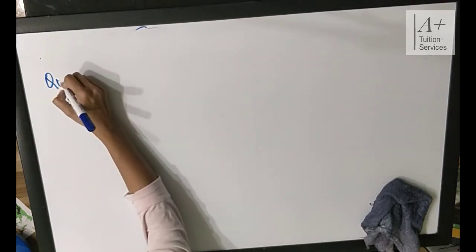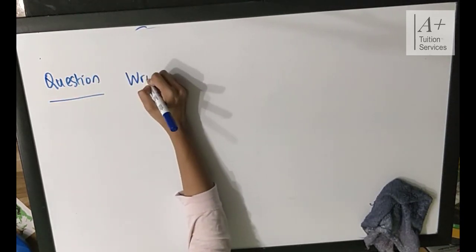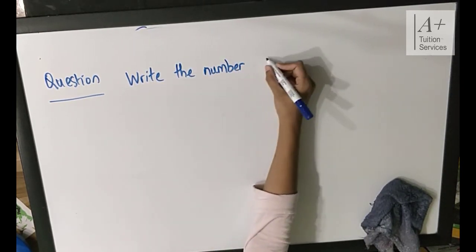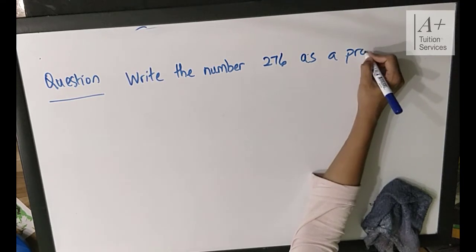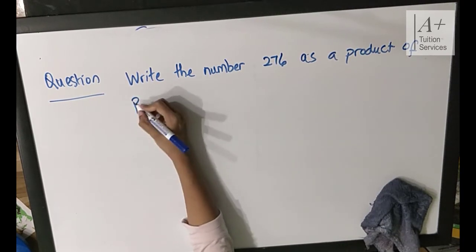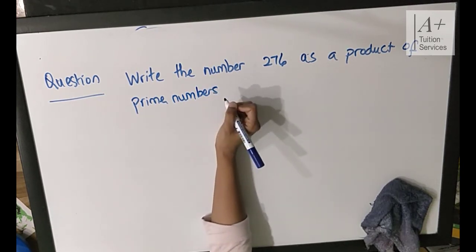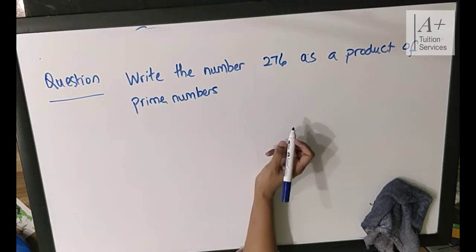We have now the question: write the number 276 as a product of prime numbers. Okay, so we need to write 276 as a product of prime numbers.